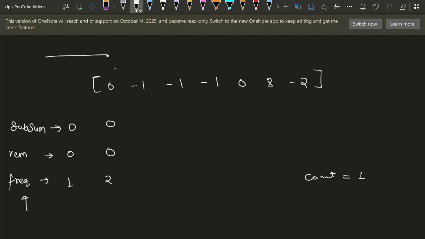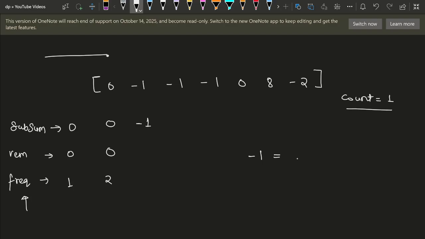Now we move forward, our subarray sum becomes minus 1, and this was one of the edge cases that I wanted to talk about. When you divide minus 1 by 3, it will give you a remainder of minus 1. But what are we going to do in the negative cases?